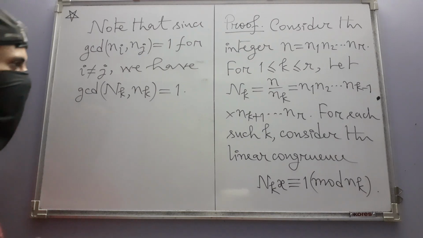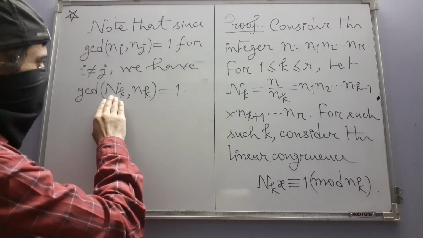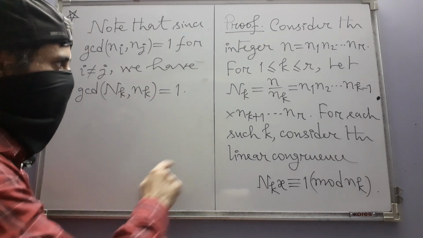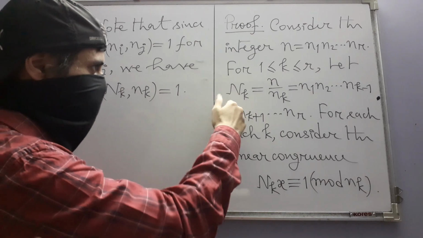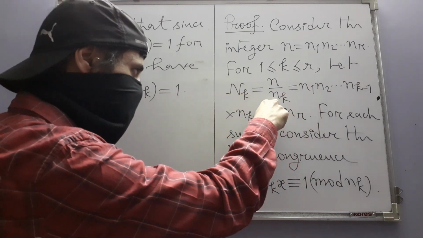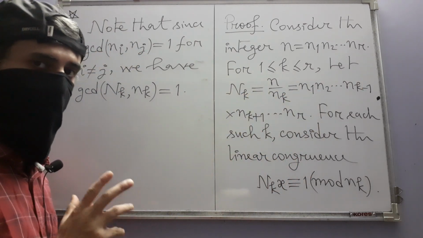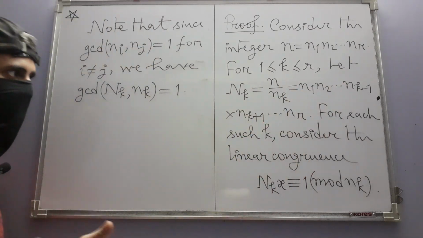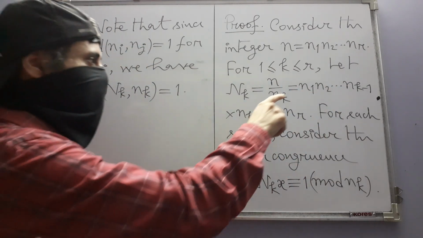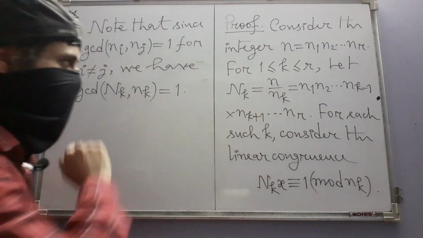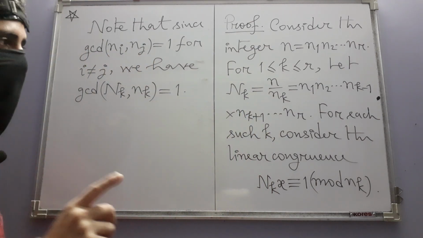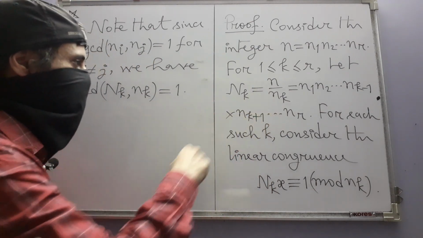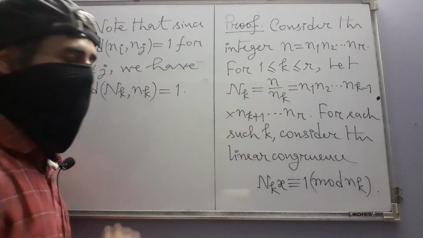Fine. Now let's look at these two numbers, capital Nk and small nk. In capital Nk, we have all the ni's except small nk. That means that whatever prime factors these other ni's may have, that's not available in Nk. And whatever prime factor Nk has will not be available in any of these.